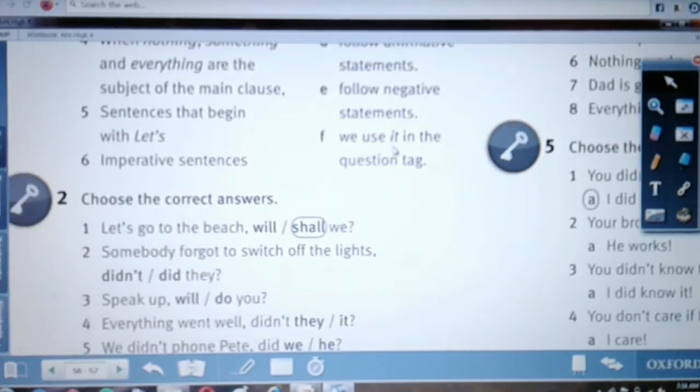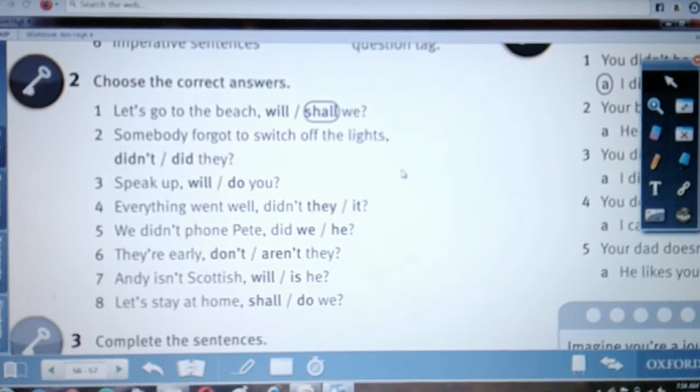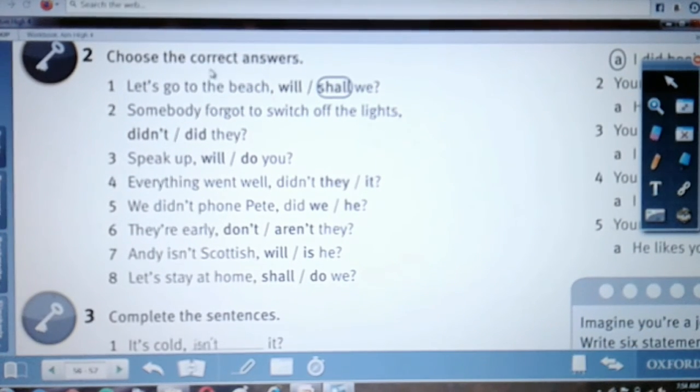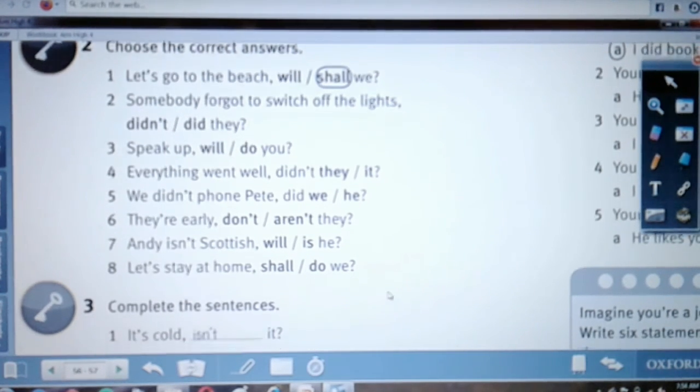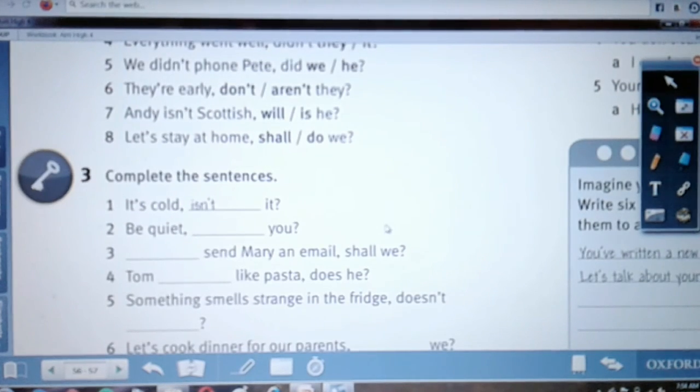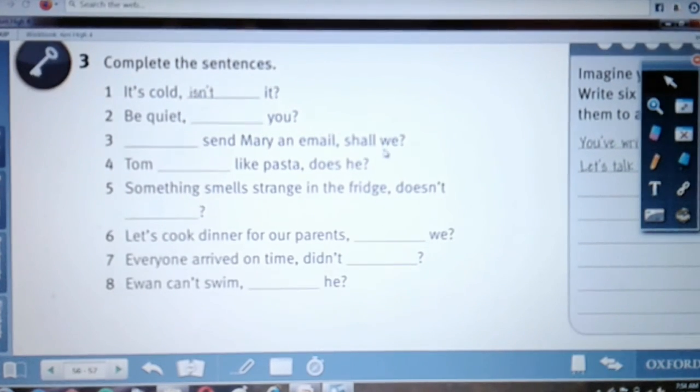Next, on part 2, you need to choose the correct answer. For example, number 1, let's go to the beach. We shall use shall we. So circle shall we. Okay. On part 3, you need to complete the sentences.